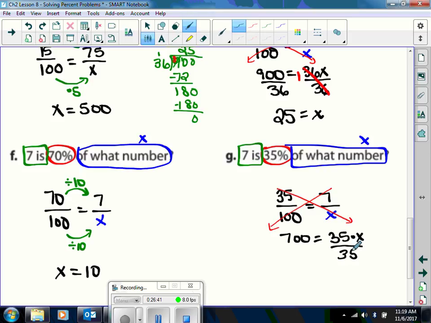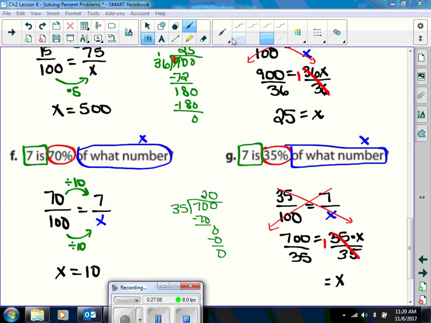And if I divide by 35 on one side of my equal sign, I have to do the same on the other. So now you can see that 35 divided by 35 is equal to 1. So 1 times x is equal to x. And 700 divided by 35 gives me 20. So x is equal to 20. So 7 is 35% of 20.